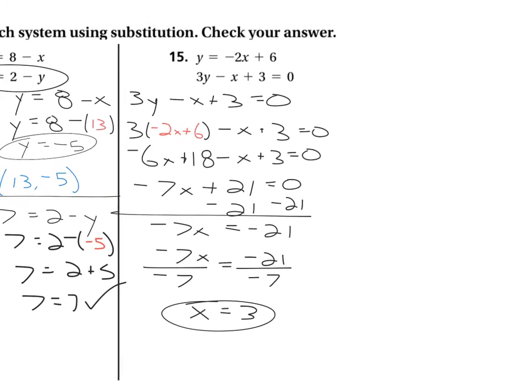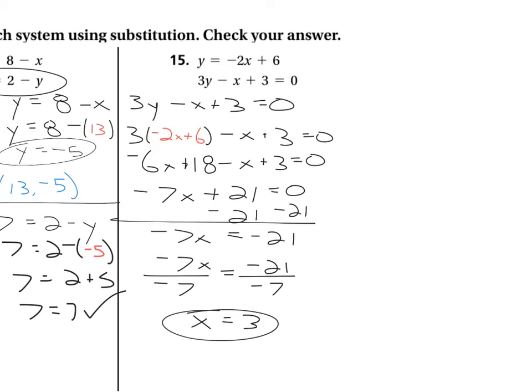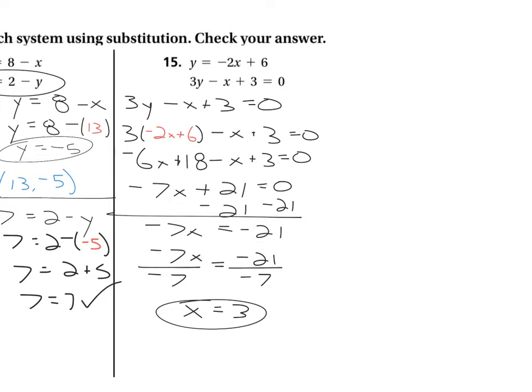That's a partial solution because we still don't know what y is. But we can take the other equation, which is y equals negative 2x plus 6. And we can substitute in for x the value of x that we found it to be.